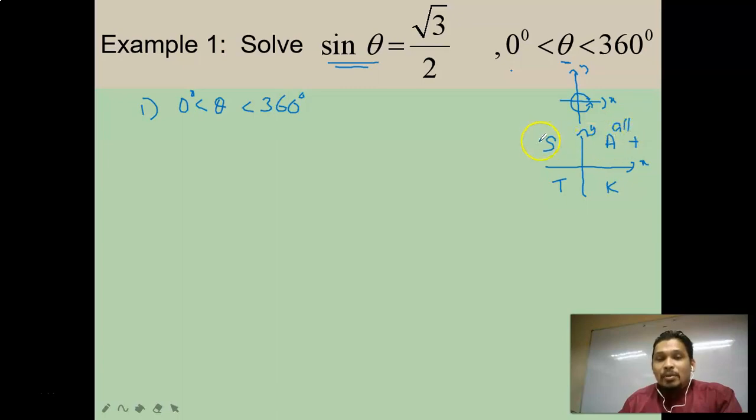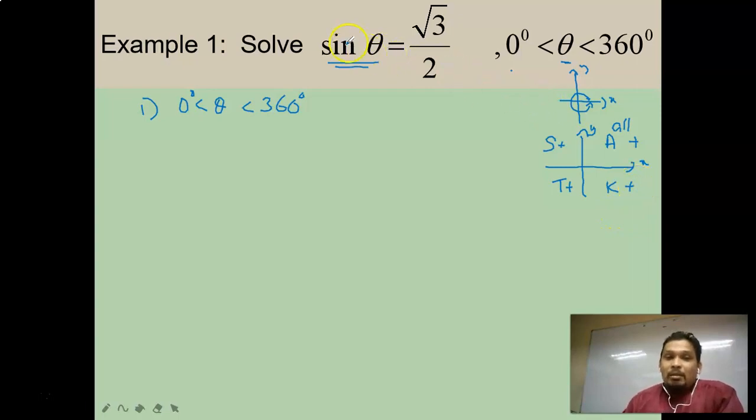In the second quadrant, it's only S, sine. If sine is positive, the tangent and cos in the second quadrant are negative. In the third quadrant, tangent is positive, so sine and cos are negative, and in the fourth quadrant, cos is positive, and sine and tangent are negative.